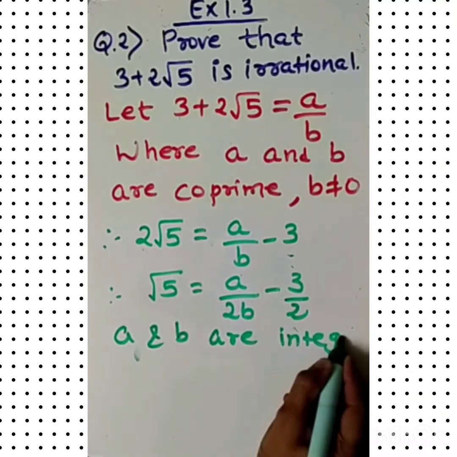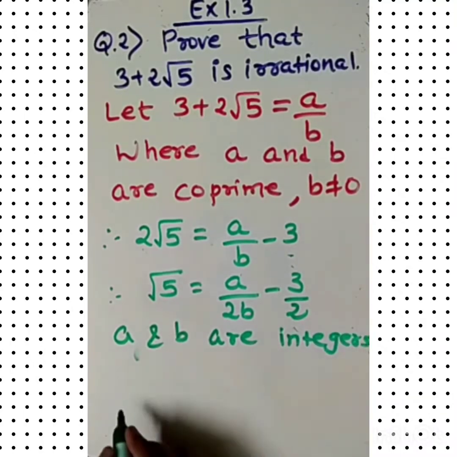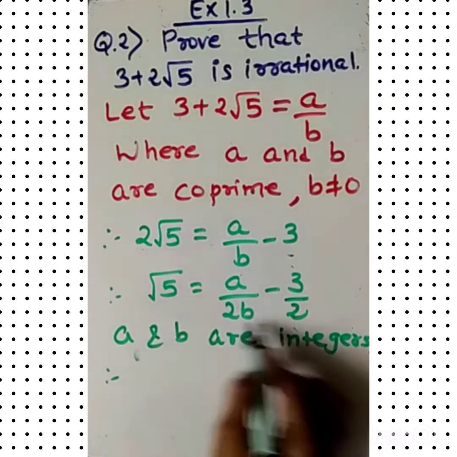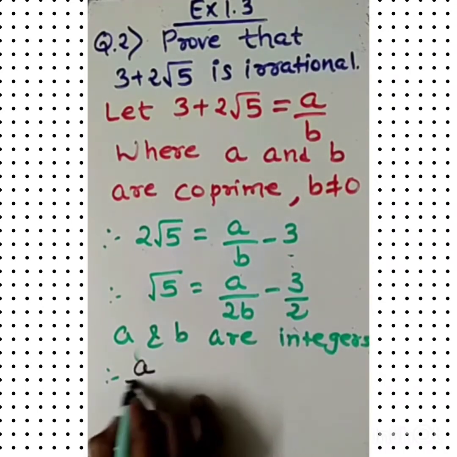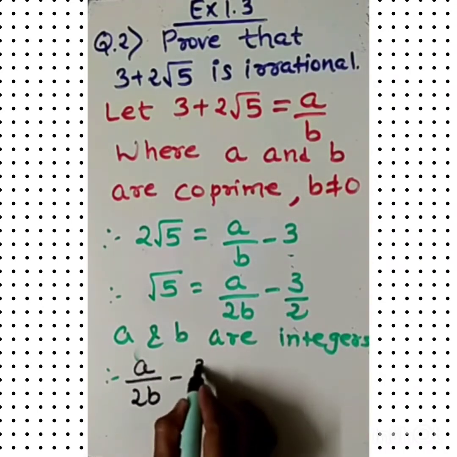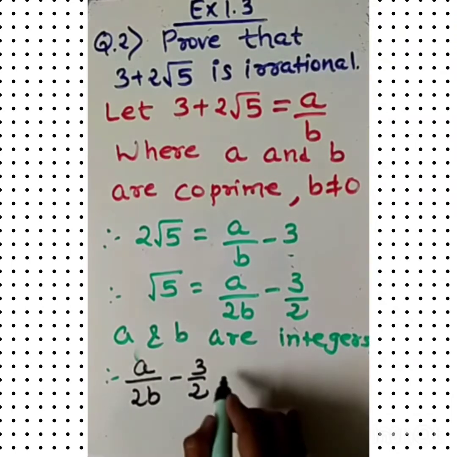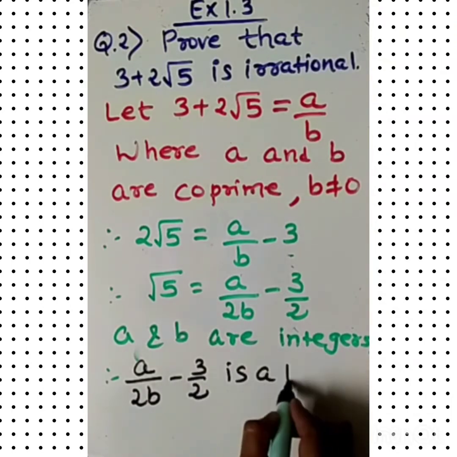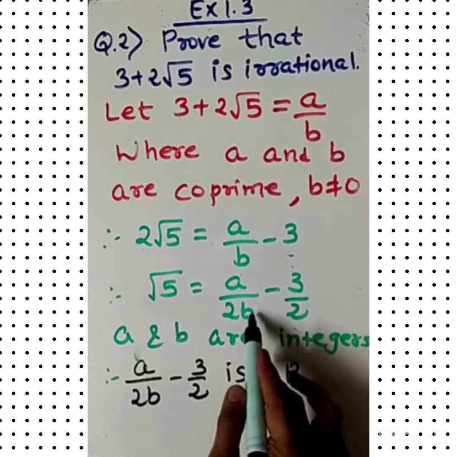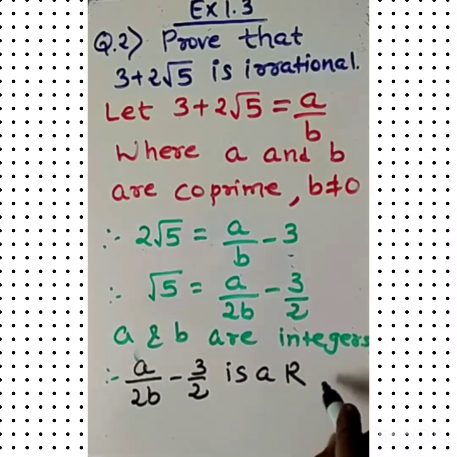So this portion, a by 2b minus 3 by 2, is a rational number. These both are integers a and b, so we can say this is a rational number.